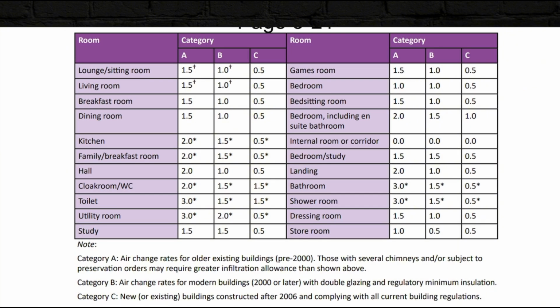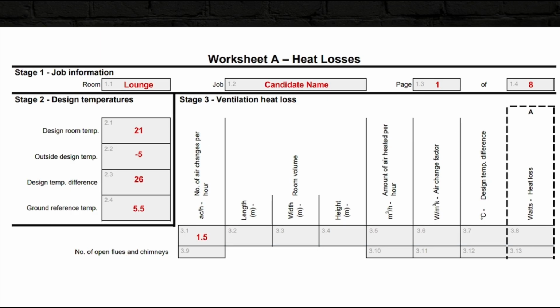So as you can see down the bottom, category A is pre-2000, B is 2000 or later, and category C is after 2006, so modern building standards. Our house is 1998, so we will be category A, and for our lounge, we will be 1.5 air changes per hour. And that goes in box 3.1.